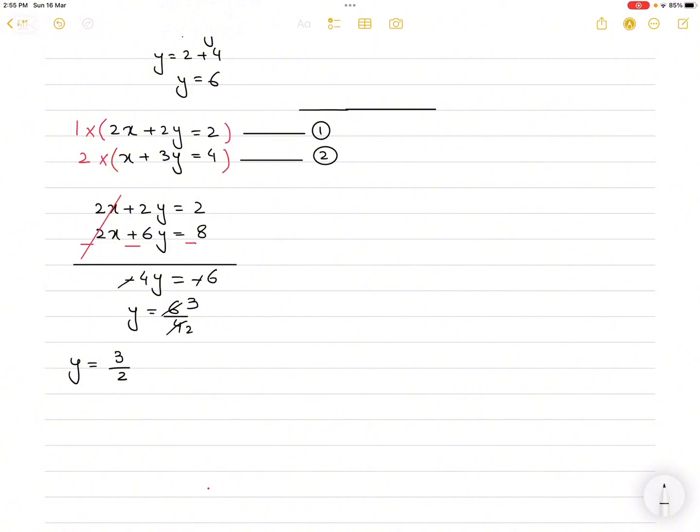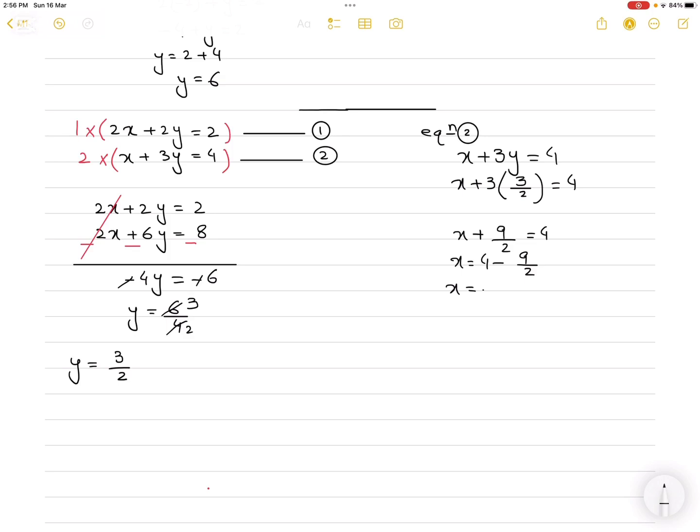I'm going to take equation 2, which is x plus 3y equals 4. So now x plus 3 times y, which was 3 by 2, equals 4. So x plus 9 by 2 equals 4. So x equals 4 minus 9 by 2. So x equals minus 1 over 2.